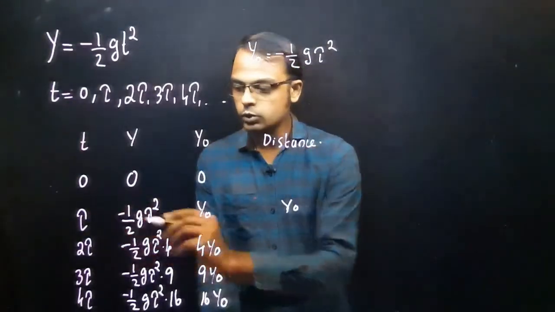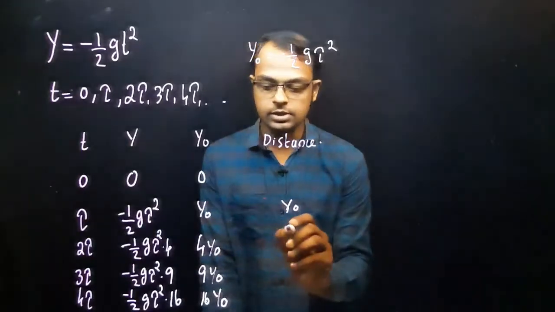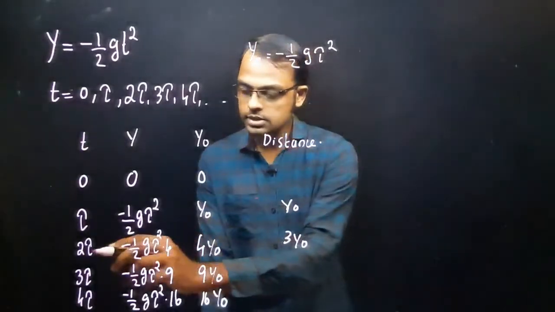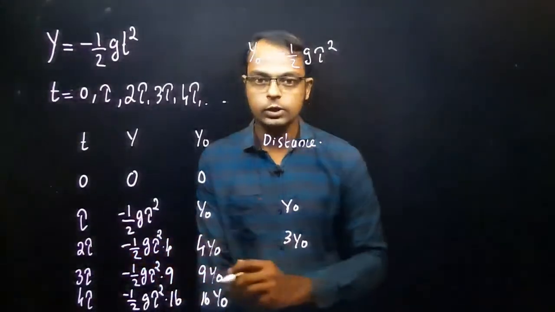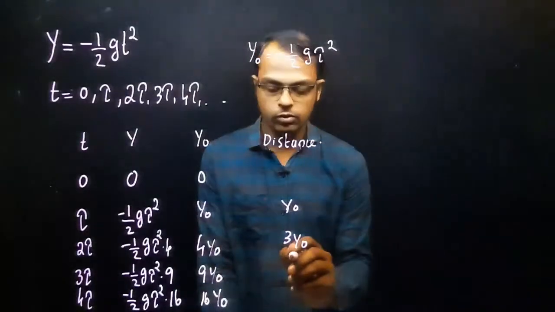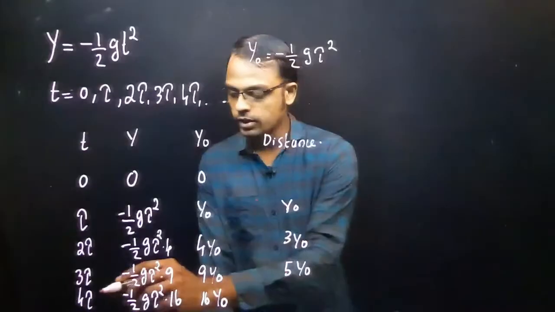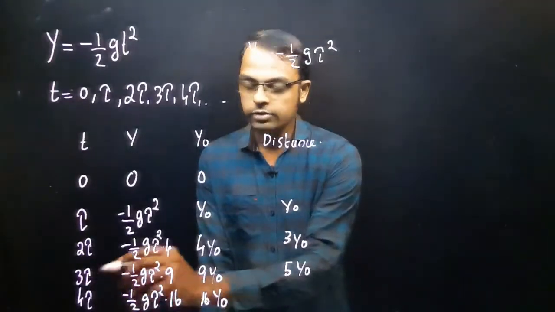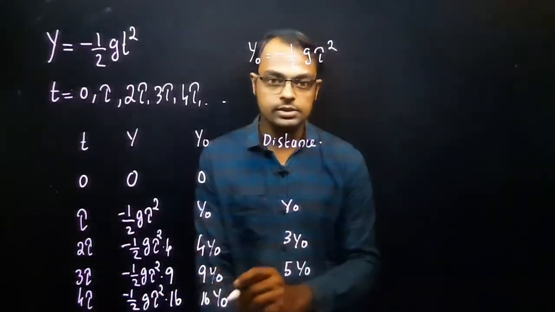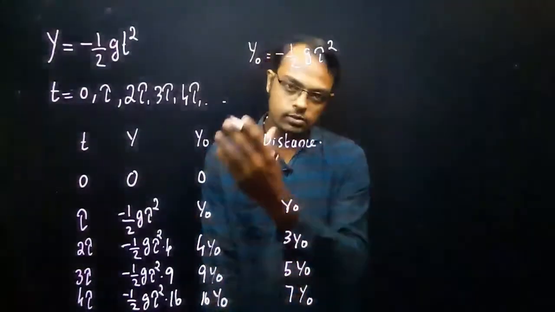Between tau and 2 tau, 4y0 minus y0 is 3y0. Between 2 tau and 3 tau, 9y0 minus 4y0 is 5y0. Between 3 tau and 4 tau, 16 minus 9 is 7y0, and it will continue like this.